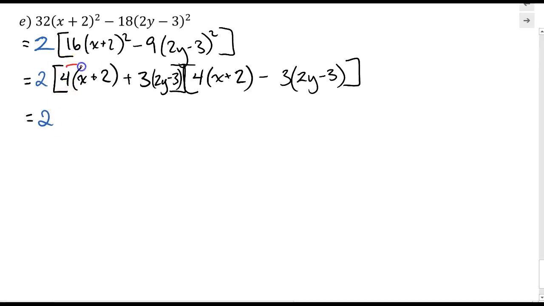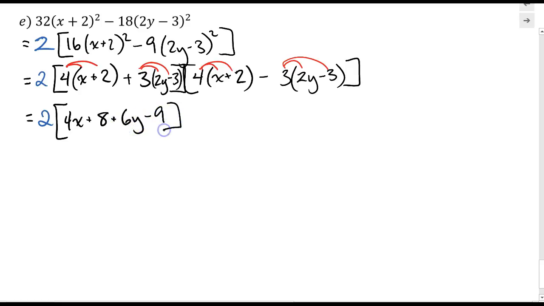That 2 is still hanging on for dear life. We are going to distribute our multipliers into their brackets. So we got 4x plus 8 plus 6y minus 9 in our first set of brackets. These can be round now. 4x plus 8 minus 6y plus 9. And the second one.